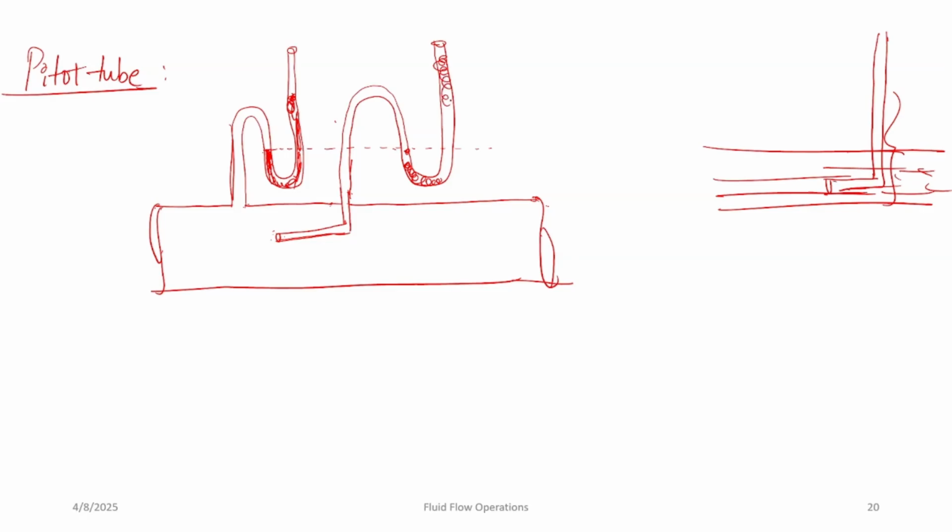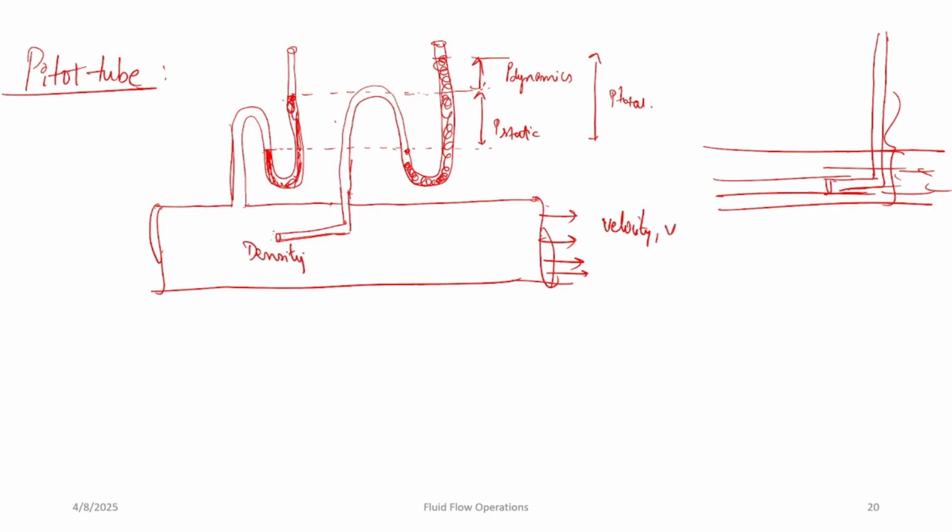So let's say this is the height of water column in the second tube. This is density rho.